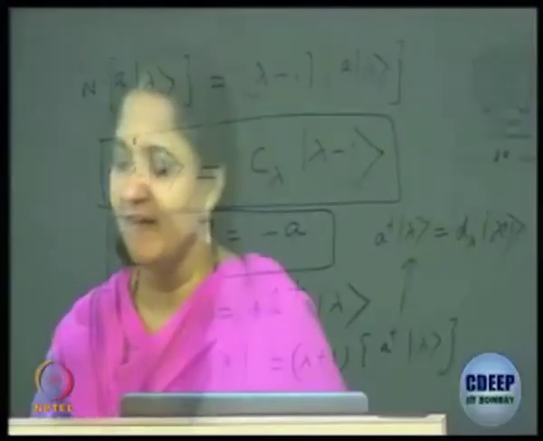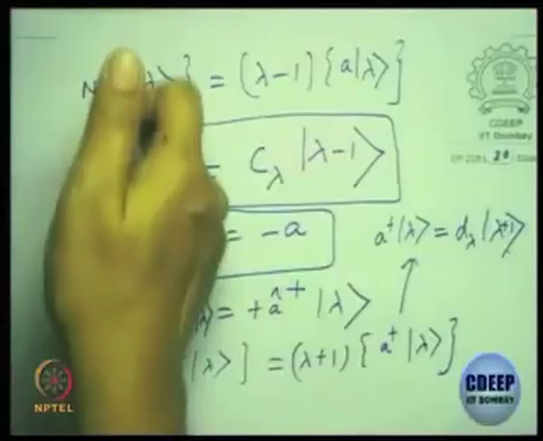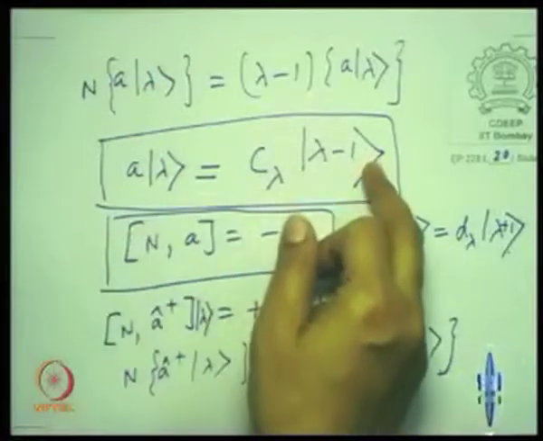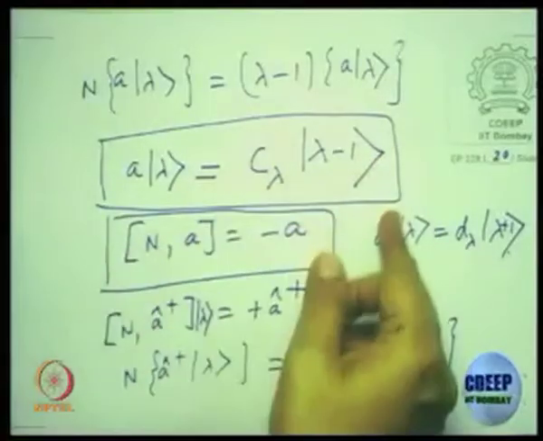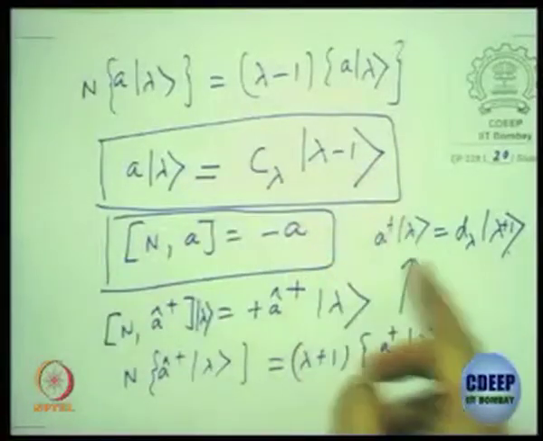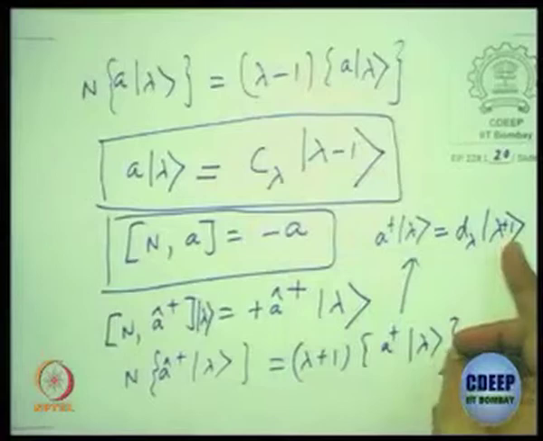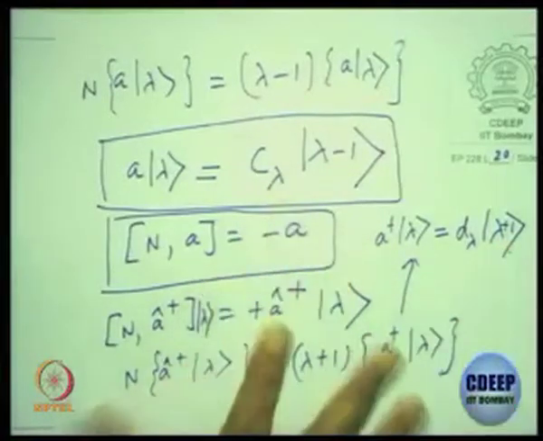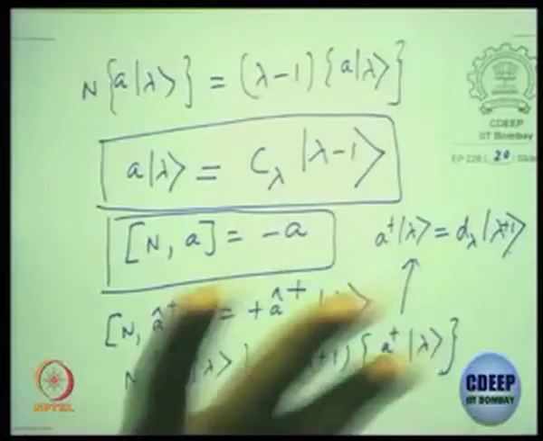Now you can see why it is called ladder operators. What is happening? This is what takes you down from lambda to lambda minus 1, by one step down. This one raises it by one step. Still lambda is non-negative real.